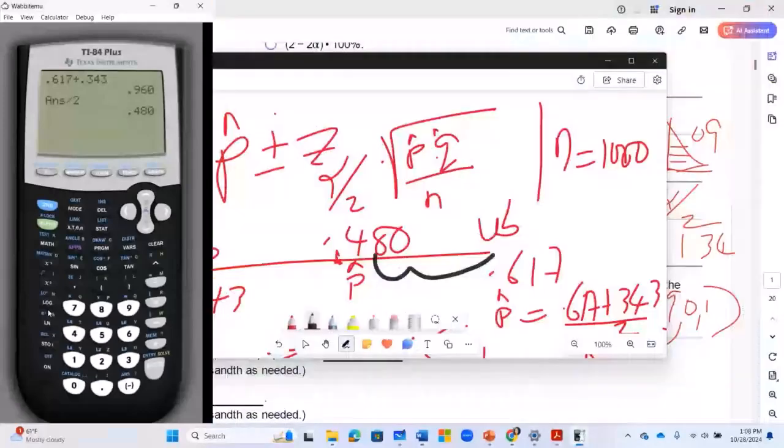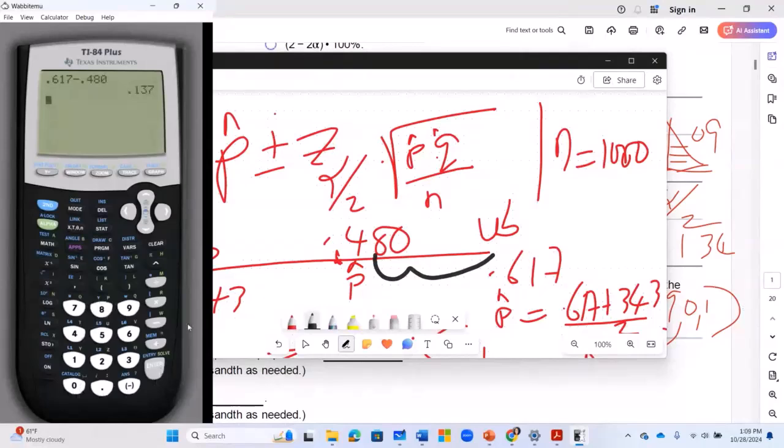Okay, so 0.617 minus 0.480 is, let's do that again, 0.617 take away 0.480, and that is the margin of error, 0.137.